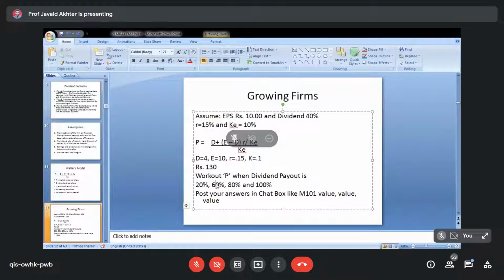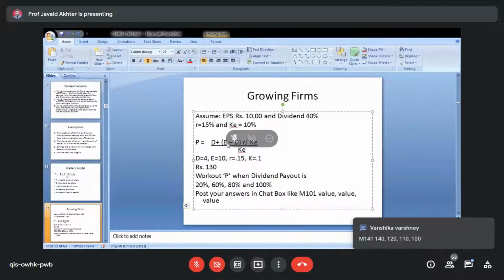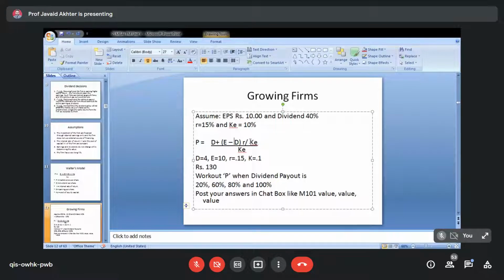What will be the value of D if you calculate at 20%? It is rupees 2. What will be the value of D at 60%? 6. At 80%, 8. At 100%, 10. E will remain constant. D will keep changing. These 3 figures will also remain constant.